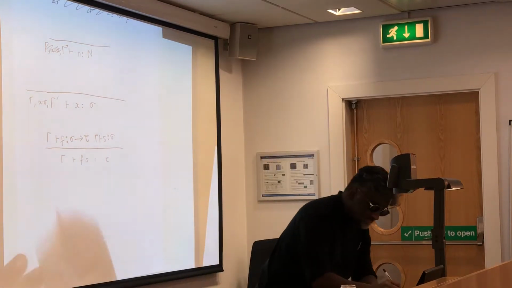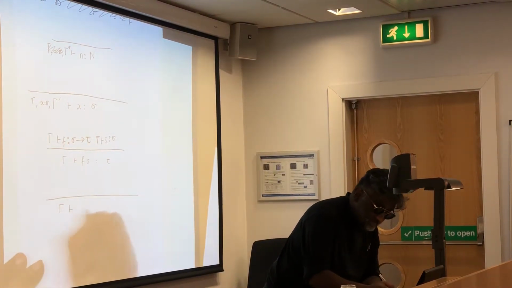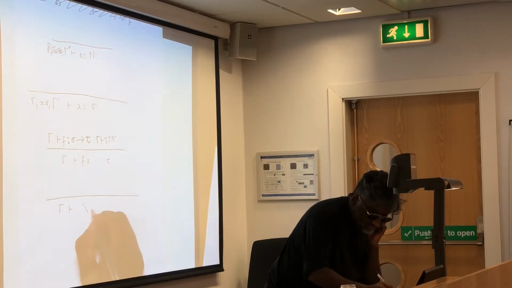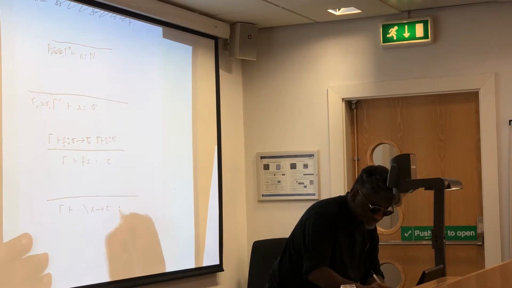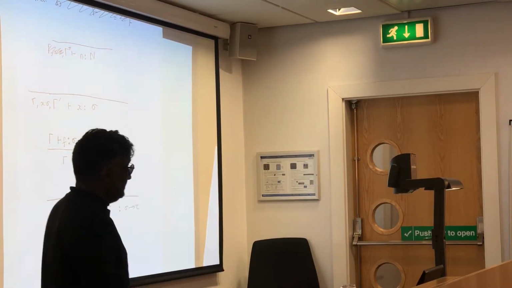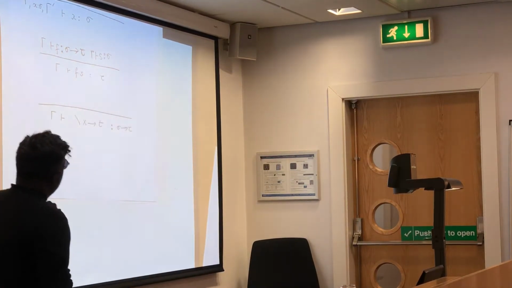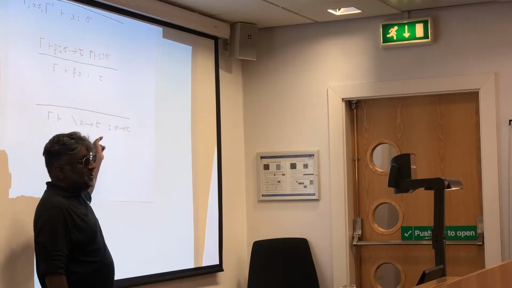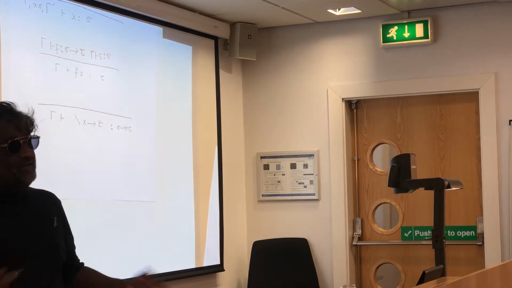Finally, we want to work out when the lambda abstraction has a certain type. Now, I know this lambda abstraction can't be a natural number. Lambda abstractions are never natural numbers, they're function types.